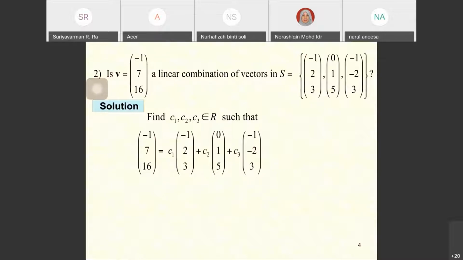So, find the 3 equations. Okay, let's do it together. We have what?